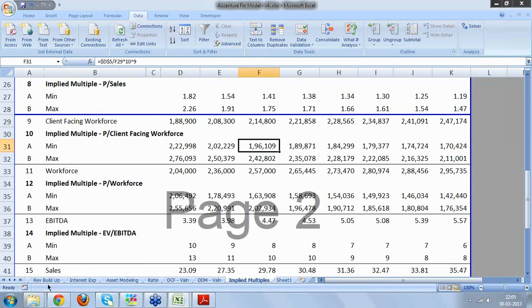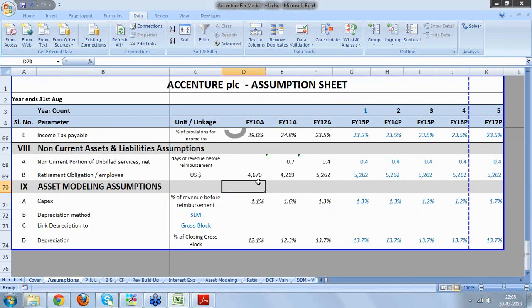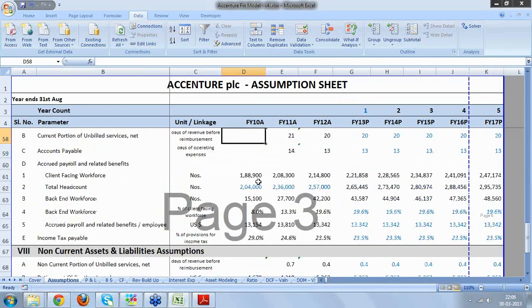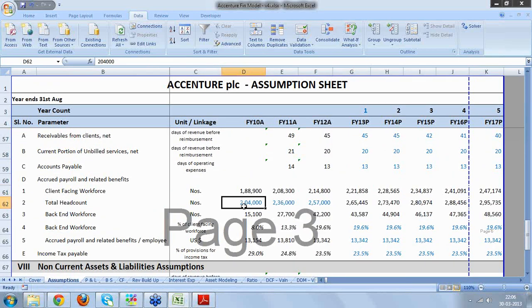Recall that we have calculated the client facing workforce and total workforce in our assumption sheet while modeling the retirement obligations and accrued payroll. So we have calculated on the total headcount basis what should be the client facing workforce, what is the back-end workforce. So I am using these parameters to figure out my implied multiples.